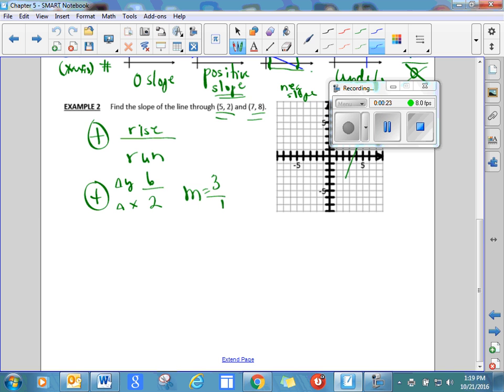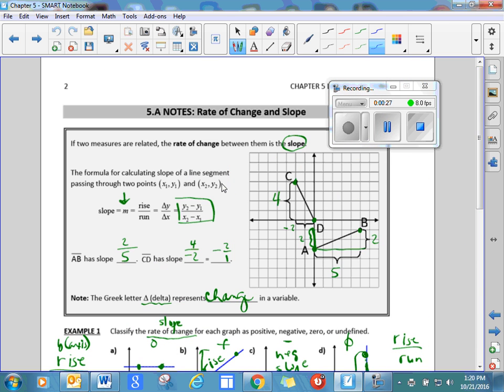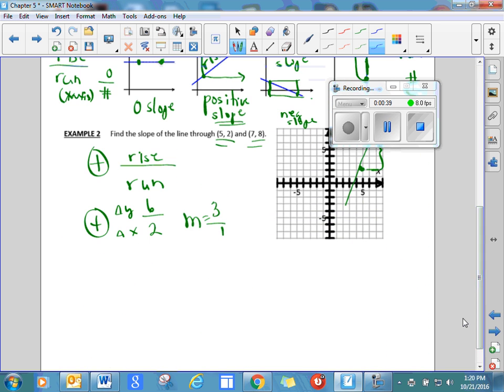So the formula for calculating slope is back up here, and it is calculating the change in the y values from one point to the next over the change in the x values from one point to the next. So we call these points x sub 1, y sub 1, x sub 2, y sub 2.